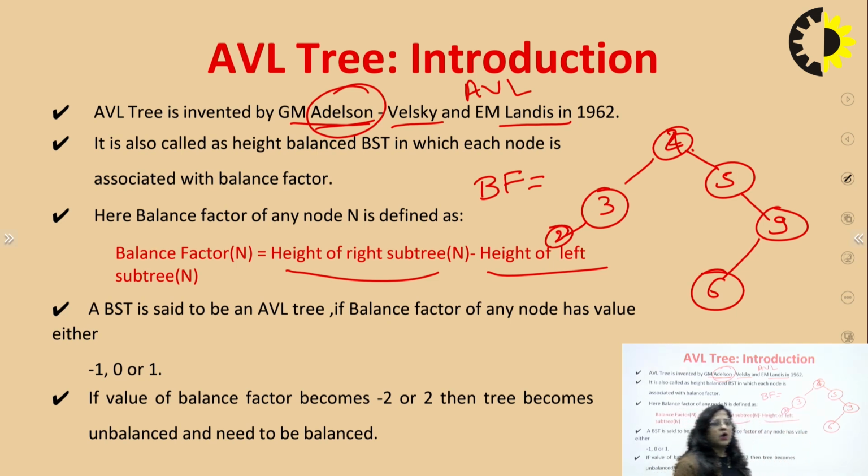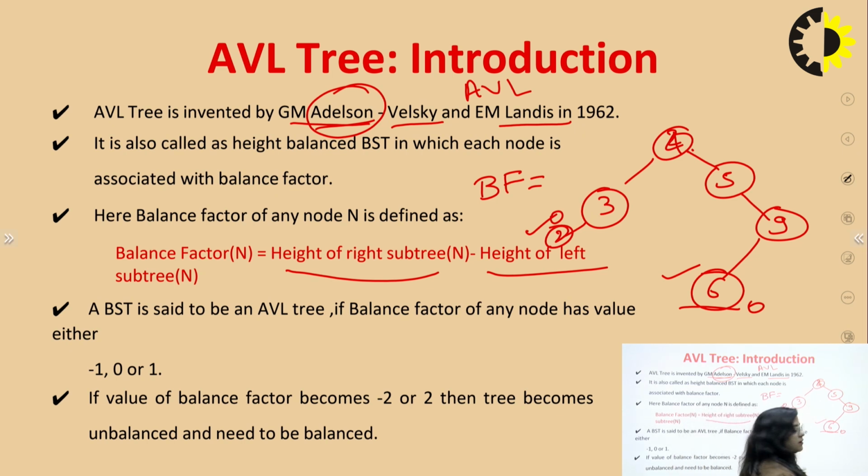Now I want to find the balance factor, the height of the right subtree minus the height of the left subtree of each node. Here a leaf node has no child. So 2 and 6 are leaf nodes, and a leaf node's balance factor is always 0. So 6 and 2 have balance factor 0.